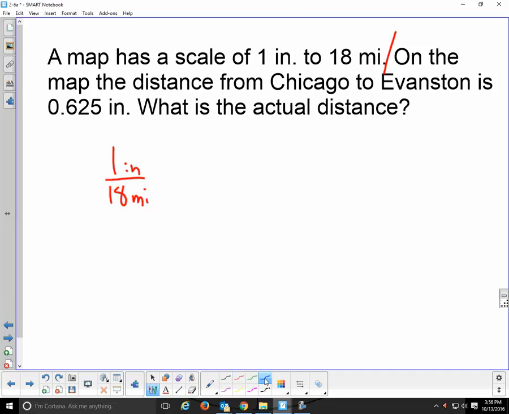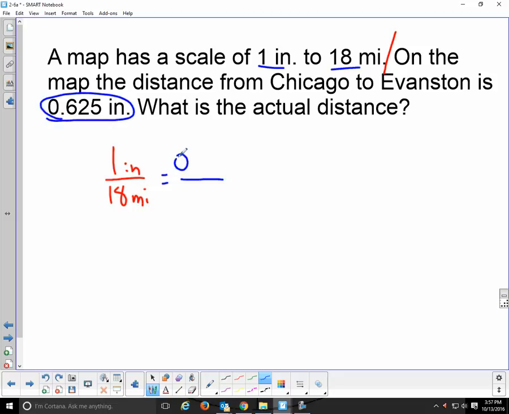In my rate here, I put the inches on top and the miles on the bottom because inches was first, miles was second. So when I write my second ratio, the one where I don't know how many miles apart they are, I have to make sure that I put the right number in the right spot. Inches are on top, miles are on the bottom.